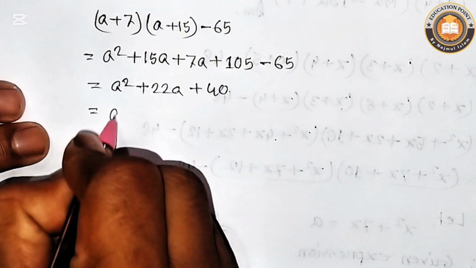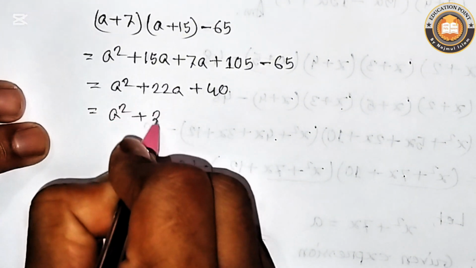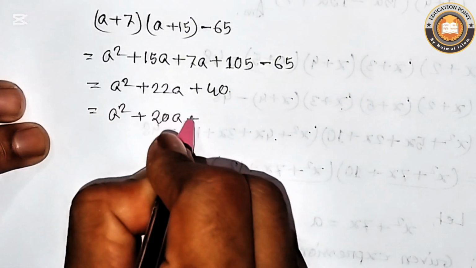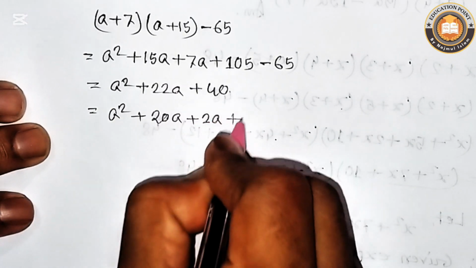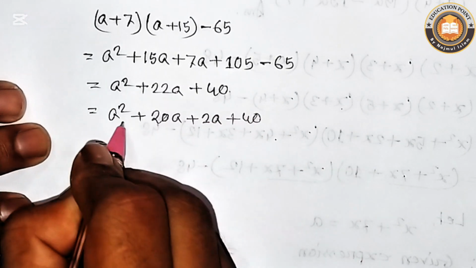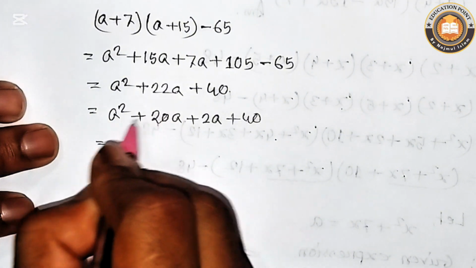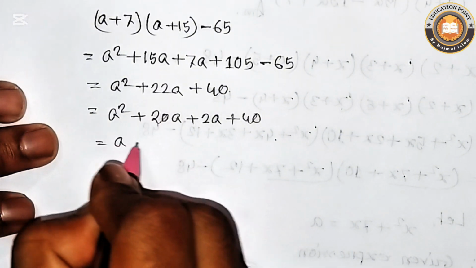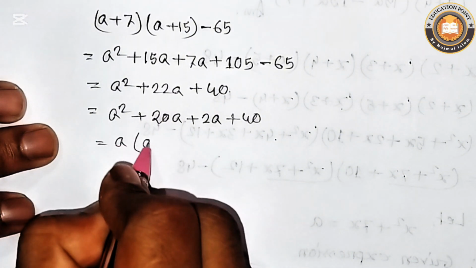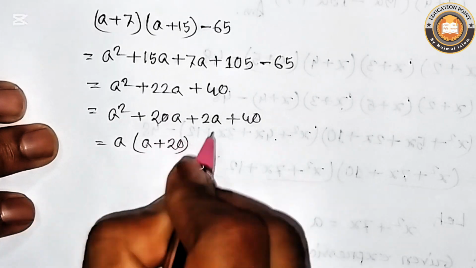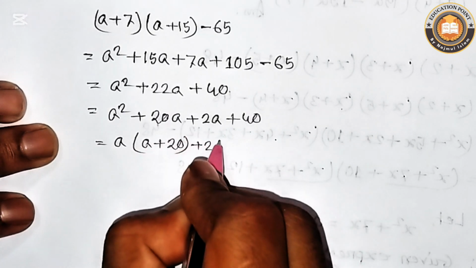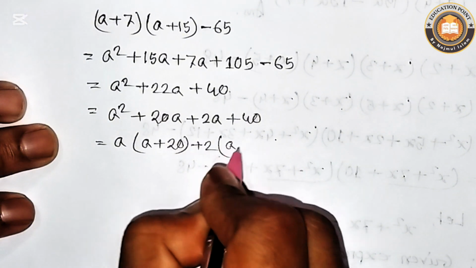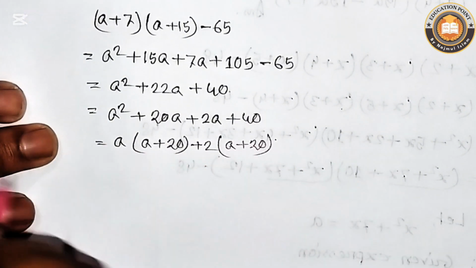So we can write a square plus 20a plus 2a, then plus 40. First two terms we can take a as a common value. After taking common value, we can write a plus 20. Next two terms we can take 2 as a common value. After taking common value, we can write a plus 20.